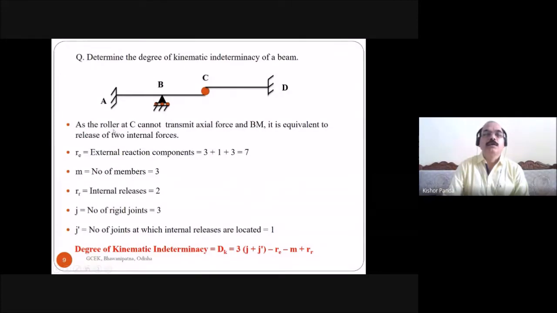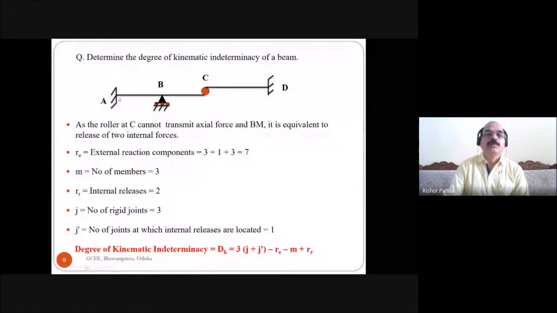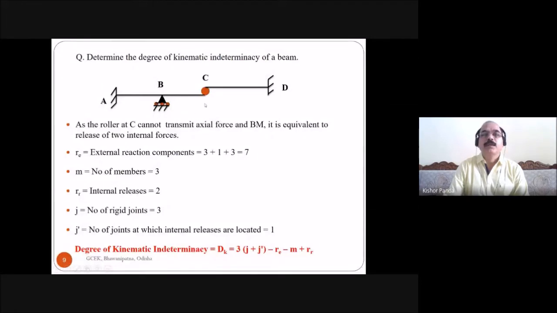And how many external reaction components? For this fixed support 3, for this roller support 1, and for this fixed support 3. 3 plus 1 plus 3, 7.